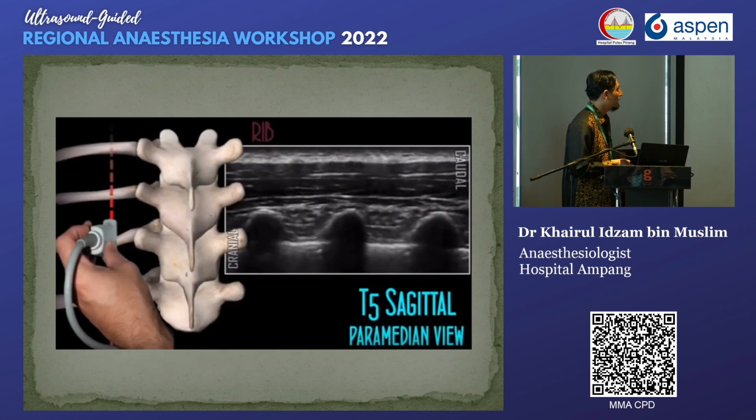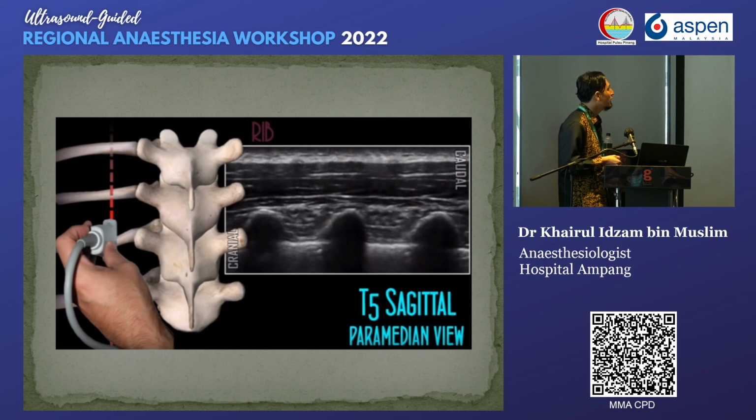So these are examples of ESP. First, we scan laterally and identify the ribs.